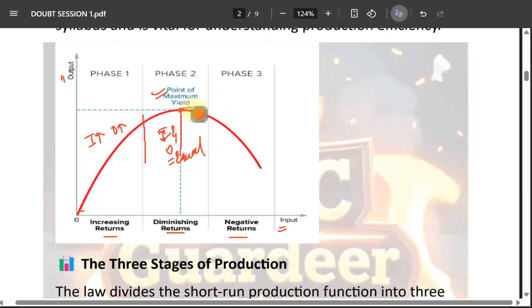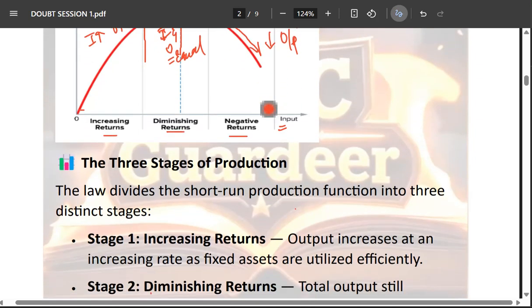But from this point of time, an increase in any kind of input will start to give a downward trend in the output. It means production is coming down even when increasing the input. Output is down with increase in input in phase 3. So this is what the law of diminishing returns states.